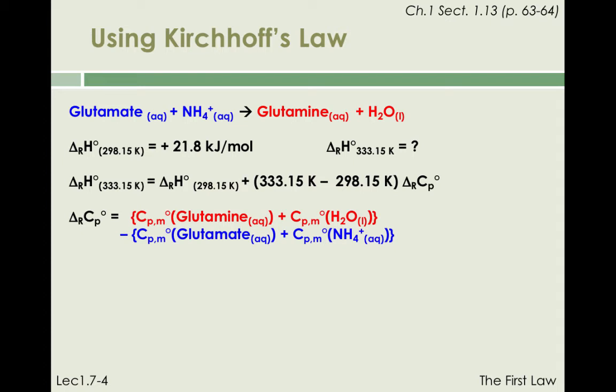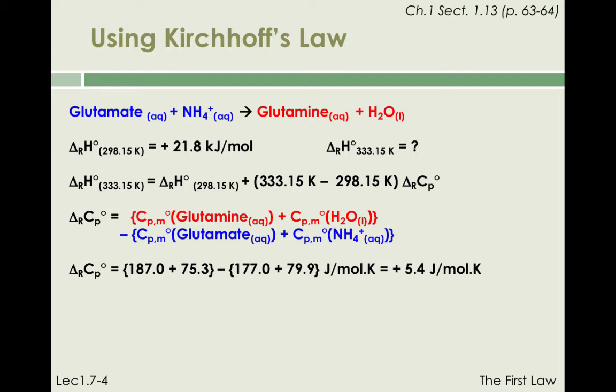Note that all stoichiometric coefficients in the reaction equation are 1. Extracting the molar heat capacity values at constant pressure for reactants and products from the thermodynamic data tables leads to a ΔrCp standard value of 5.4 joules per mole per Kelvin.